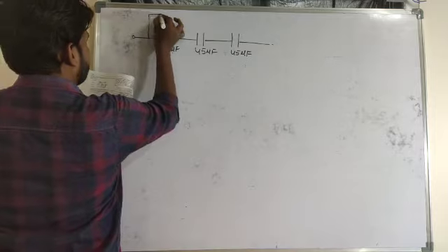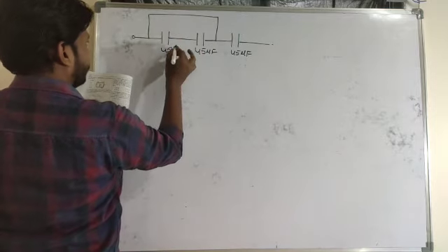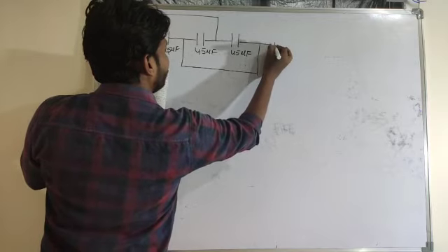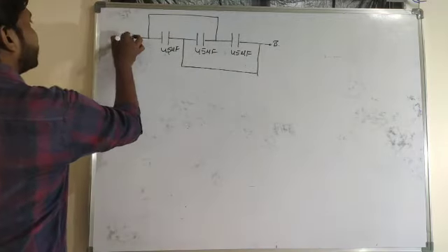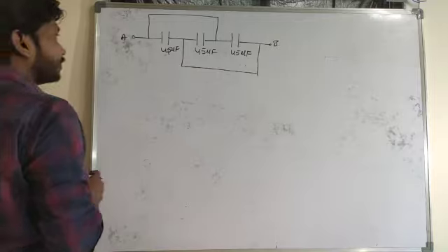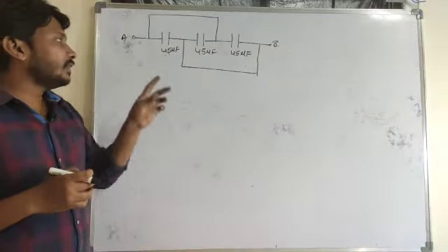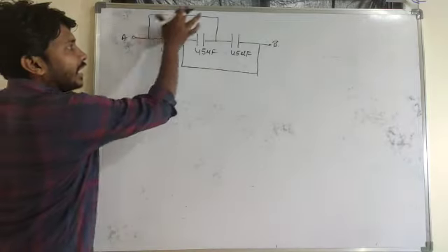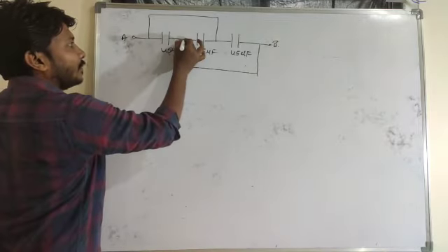They connect like so. Most of the time, you need to rearrange the circuit. For my simplification, they asked to determine the effective capacitance between the points A and B, so they arranged like so. Here one common point is there.